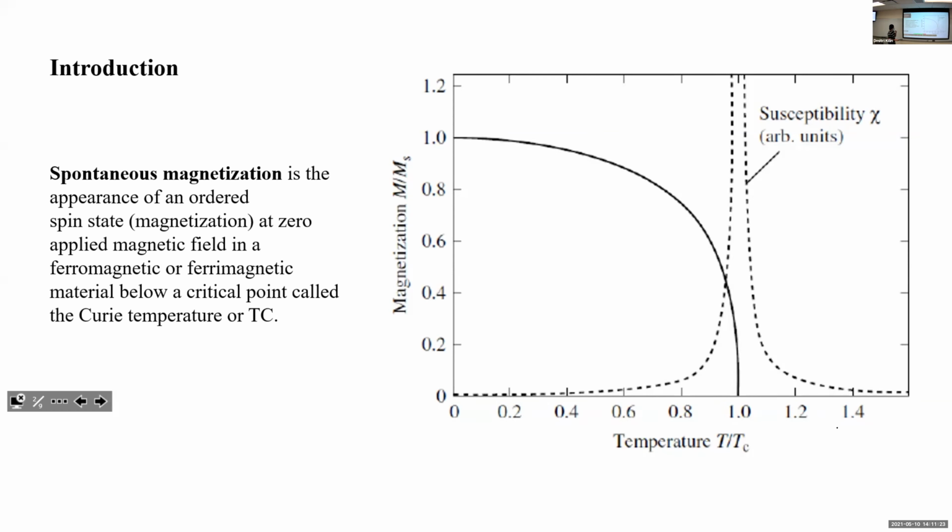Here is the picture. We can see from the image that with the temperature increase, the magnetization decreases. When the temperature reaches the Curie temperature, the magnetization reaches zero.